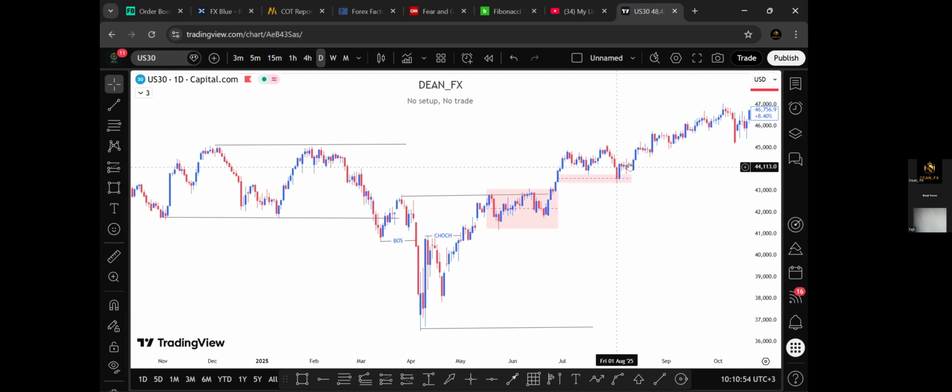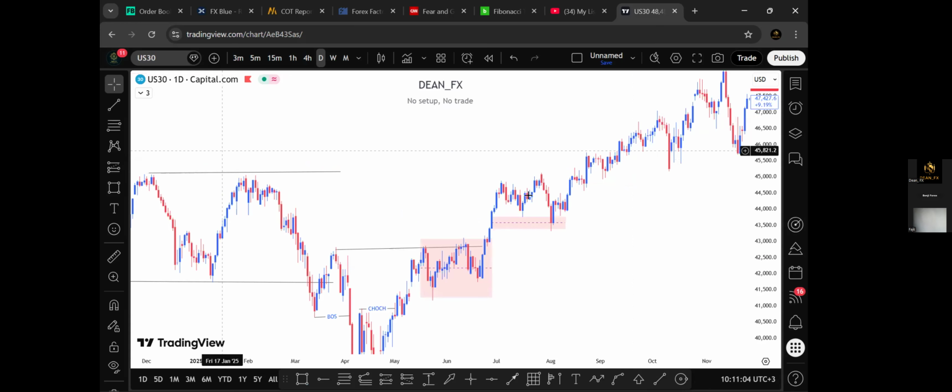So if you could have got this trade, now you know the market has shifted from bearish to bullish. What you do, you find an entry after seeing the confirmation that we have a major change of character here.